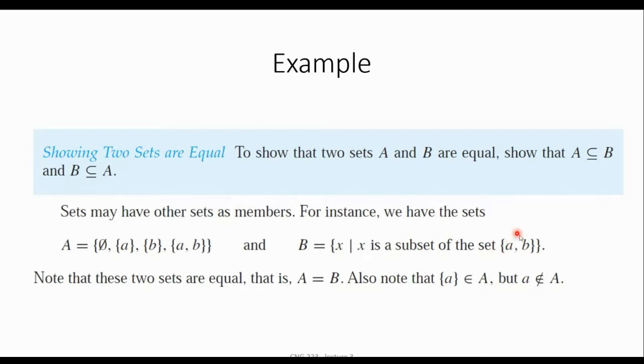The empty set is a subset of all sets, so I should write this. And just a singleton set, like the set containing only A, it could be this one, and also the singleton B. And each set, as we mentioned, is a subset of itself, so I write this one too. You can see these two are exactly the same.